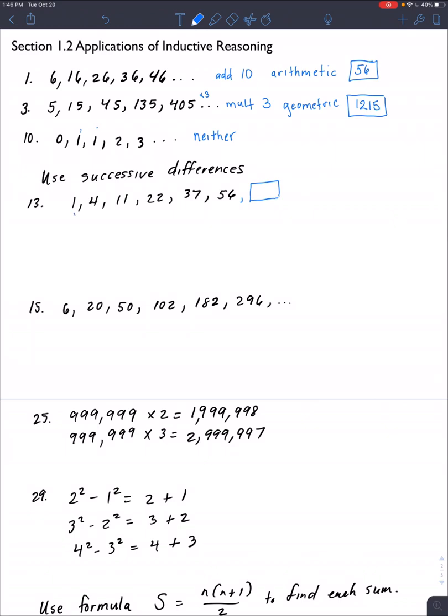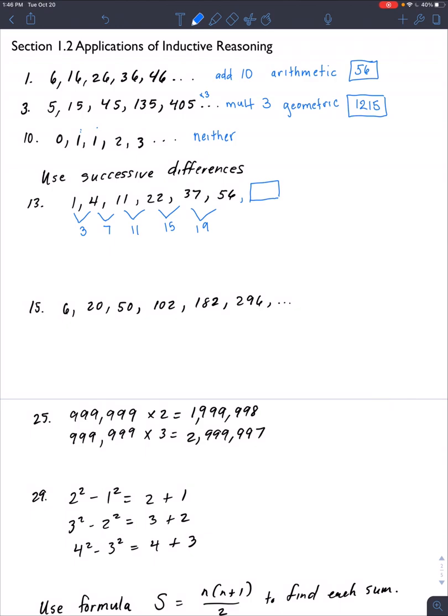So first of all, when I go 1 plus 3 is 4, 4 plus 7 is 11, 11 plus 11 is 22, 22 plus 15 is 37, 37 plus 19 is 56. So we figure out that much, but then we're going to keep going.